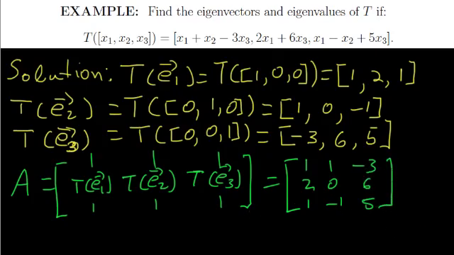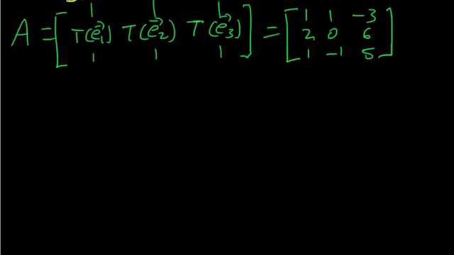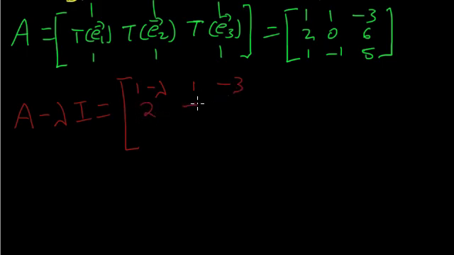We need the eigenvalues and eigenvectors of this matrix. So let's find first A minus lambda I. A minus lambda I is the matrix that I get by subtracting lambda along the main diagonal of A. So that is 1 minus lambda, 1, negative 3, 2, negative lambda, 6, 1, negative 1, and 5 minus lambda.